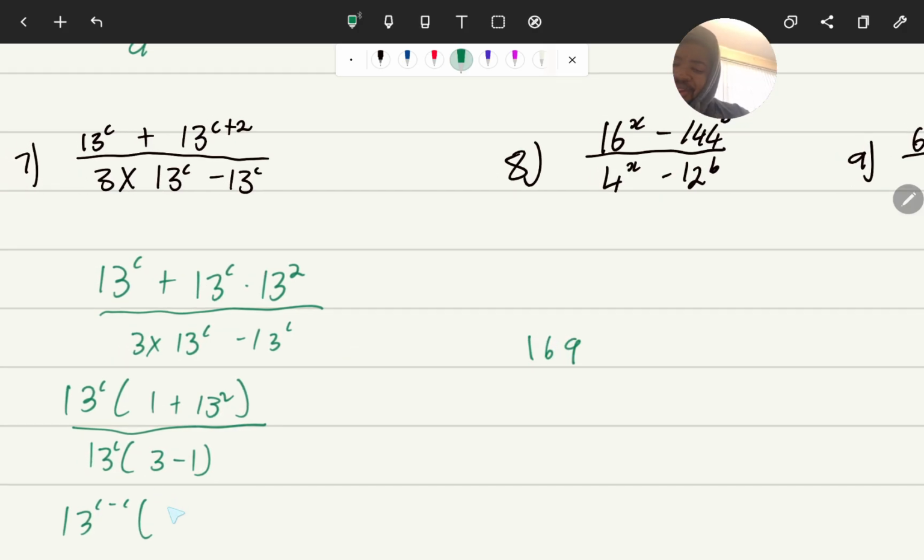Beautiful. So you're going to have 169 divided by 2. And then it's going to be 13 to the power of 0 times 169 over 2, which is just 169 over 2.